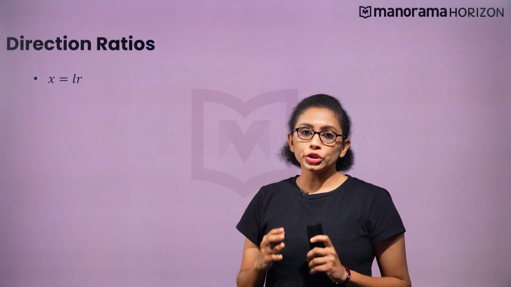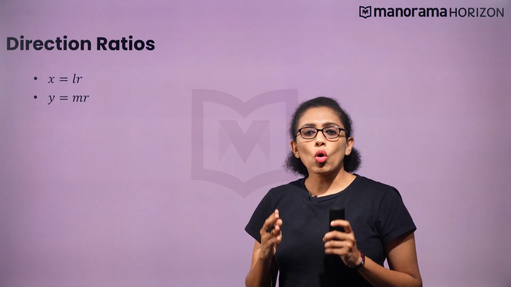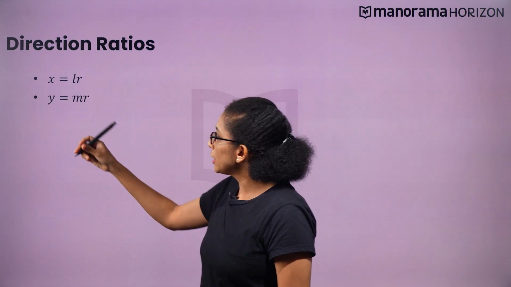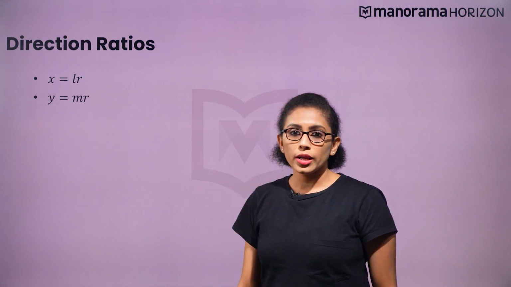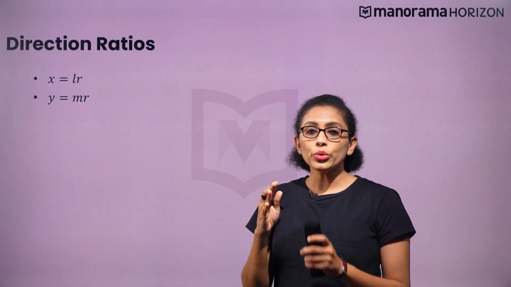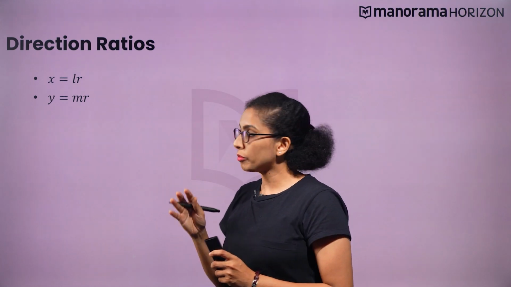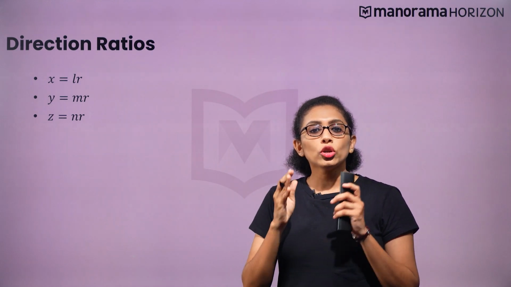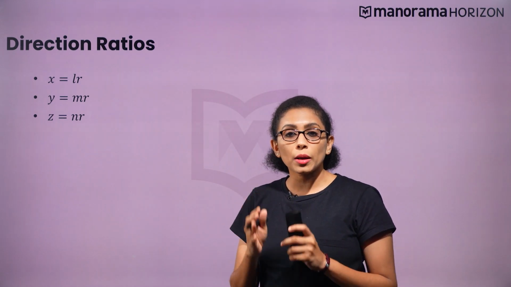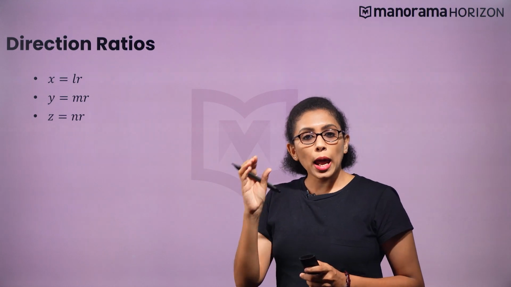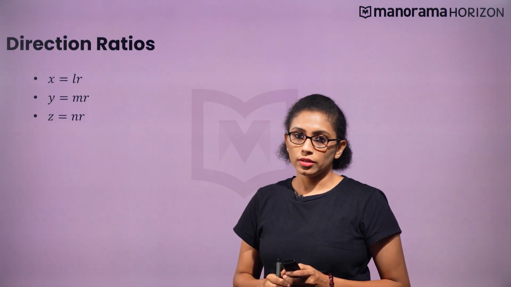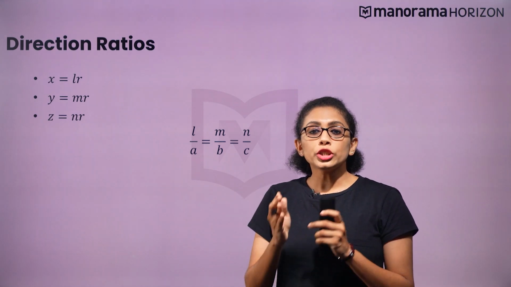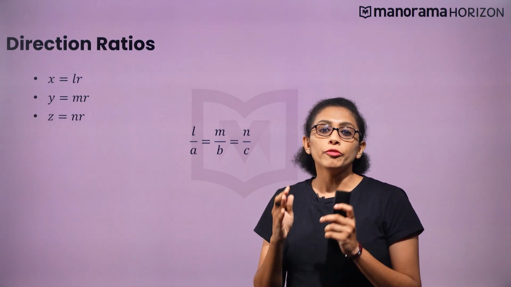Similarly, from the other two right angle triangles, we have cos beta is equal to m is equal to y by r, and from there we get y is equal to m into r, and similarly cos gamma is equal to n is equal to z by r. From there we get z is equal to n into r. Therefore, the coordinates of the point P can be represented as Lr, Mr and Nr. And these numbers are proportional to the direction cosines of the vector R.